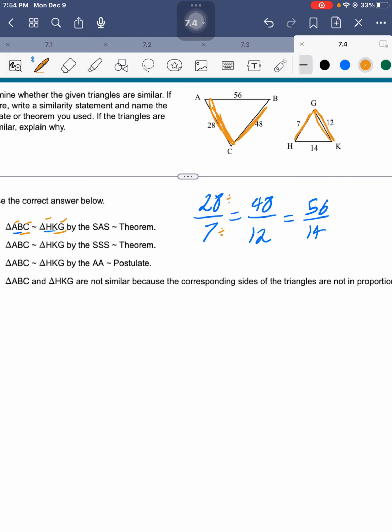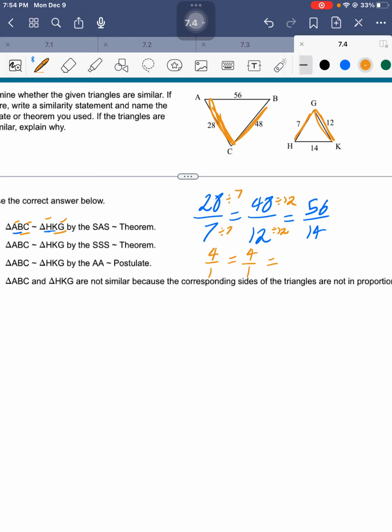Okay, so now let's see if these are proportional. The greatest common factor of 28 and 7 is 7. So that'll turn into what? 4/1. Greatest common factor here is 12. What does that turn to? 4/1. Here, you're also gonna have what?